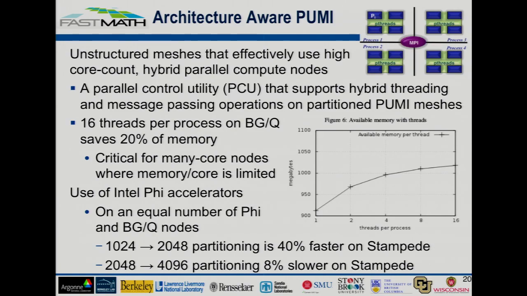We are also doing architecture-aware work with respect to this. There's been discussions throughout the week of being able to use, first, large node count systems that have a lot of cores per node, requiring hybrid types of methods, and then the use of accelerators. Our goal is to, of course, address those areas, and our desire is to do that in a manner that keeps it as hidden from the application as potentially possible.